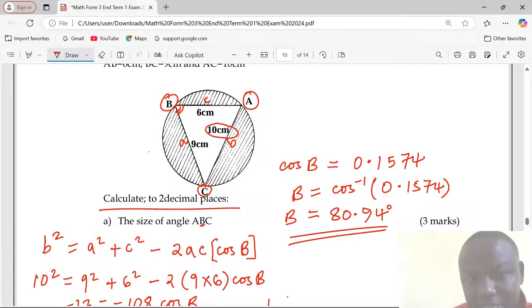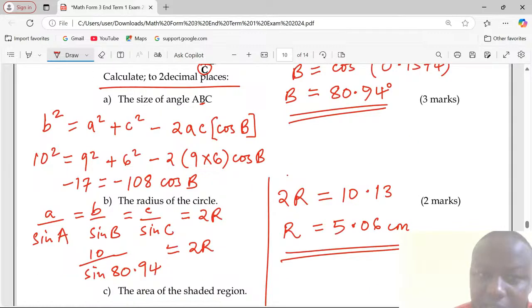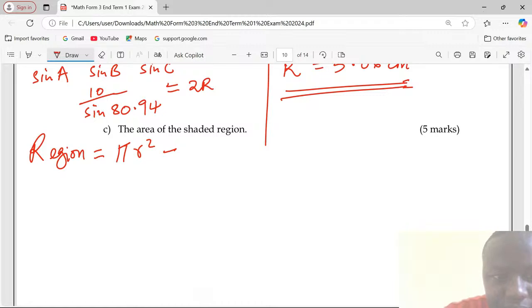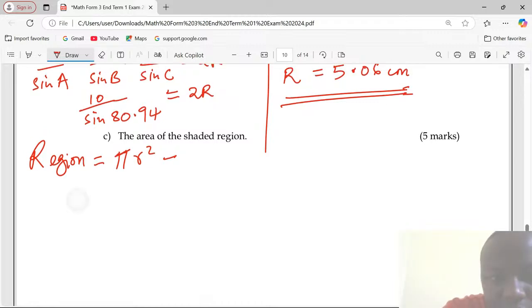Therefore, the shaded area needs pi r squared minus the area of the triangle, which will be half ab sine theta.